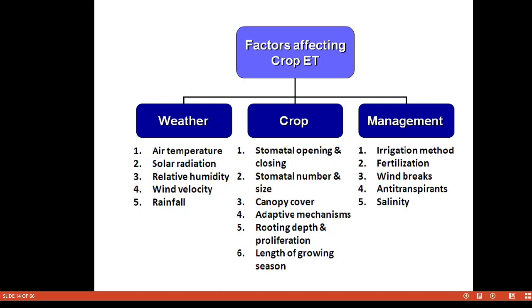There are several factors which affect evapotranspiration, which may be categorized into weather factors, crop factors, and also management factors. Under weather, you look at the air temperature, solar radiation, relative humidity, wind velocity, and rainfall.